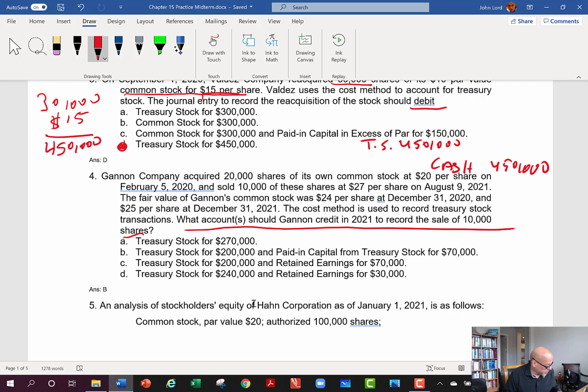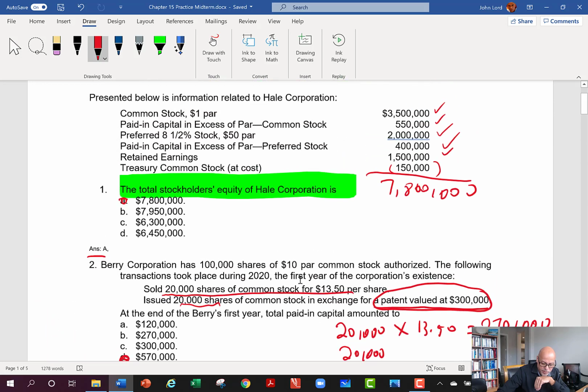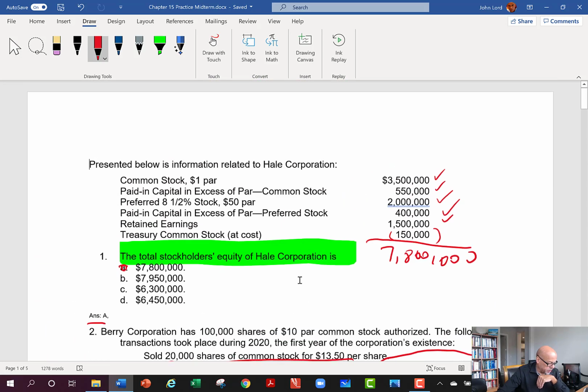So you start to take a look at this one, and we have these shares that are going to be reacquired, and when you reacquire the shares, you're going to be dealing with the treasury stock and the rules for reacquiring. So this is one of those questions where I start to run out of room as I go through and try to show you how to calculate this.